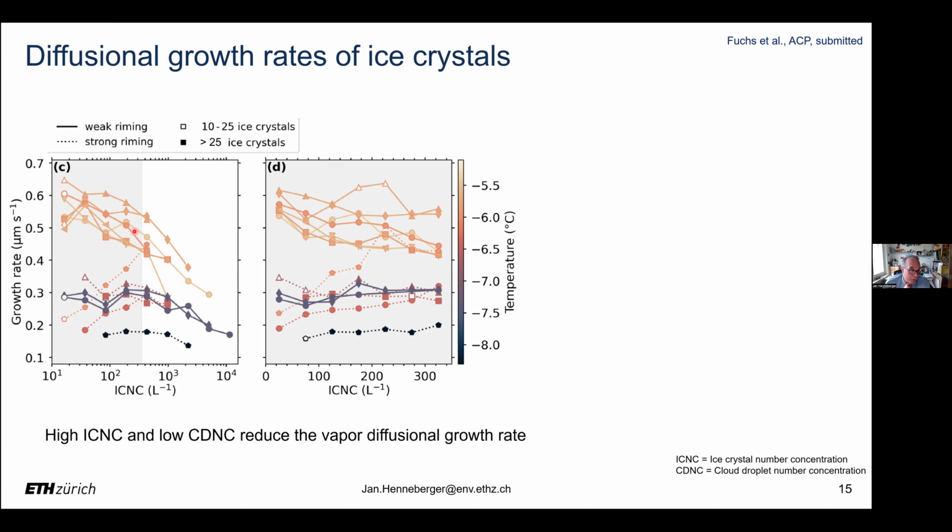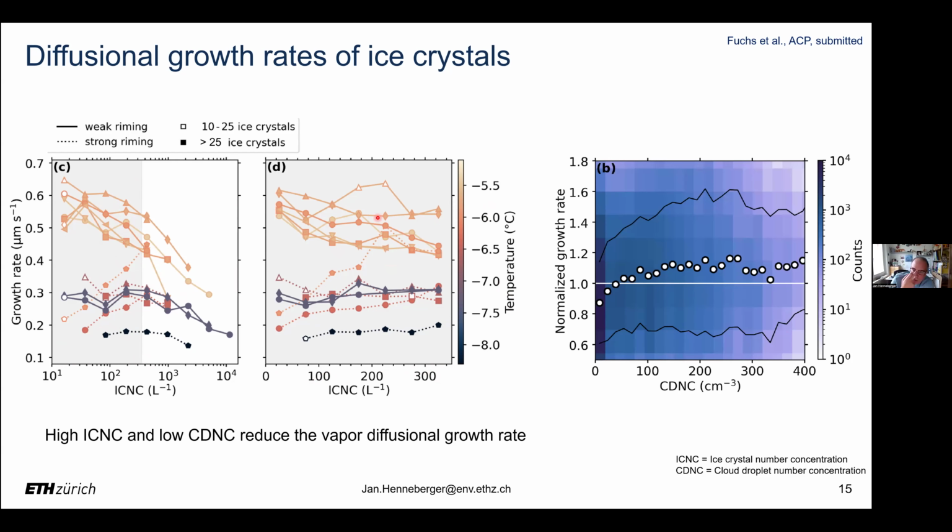Lower temperature have higher growth rate. And we also excluded the dashed experiments where we have strong riming and something weird happens. So we only look at the solid lines. But when you only look at the first part, the gray part, so ice crystal number concentration from 1 until 300, it looks much more constant in each experiment.